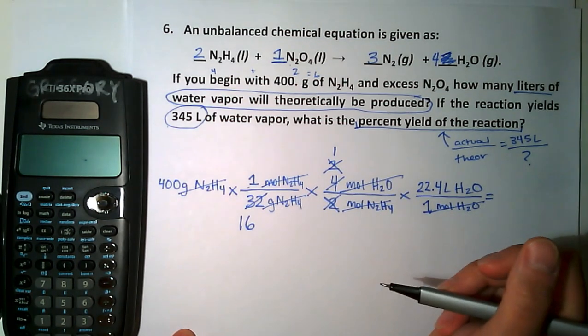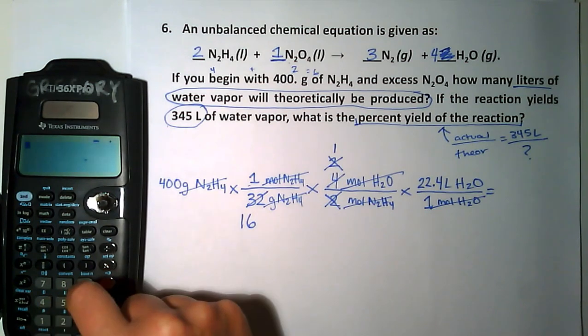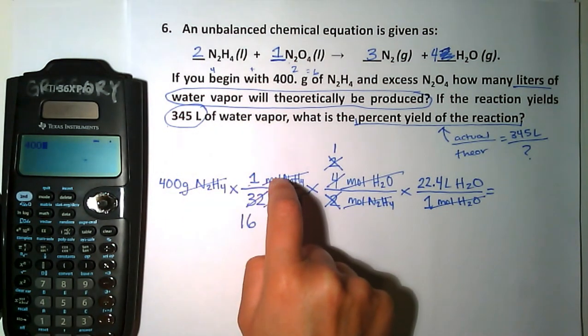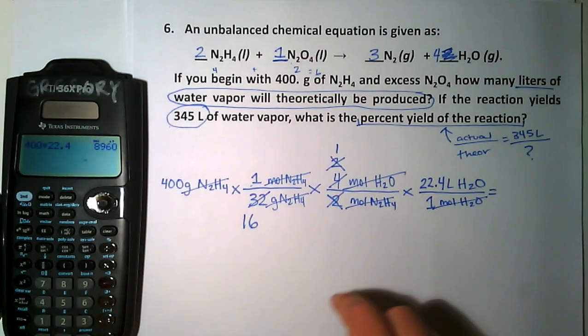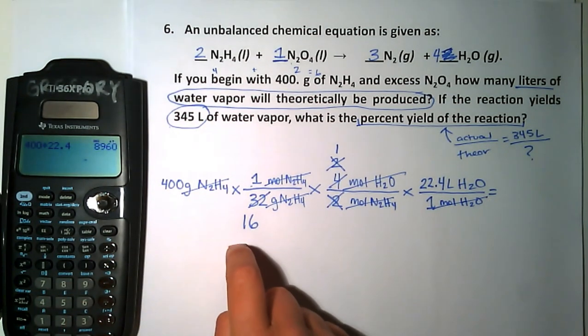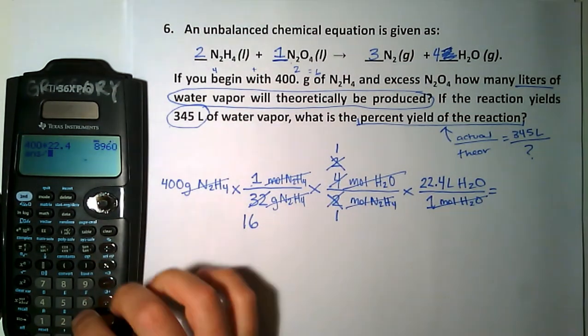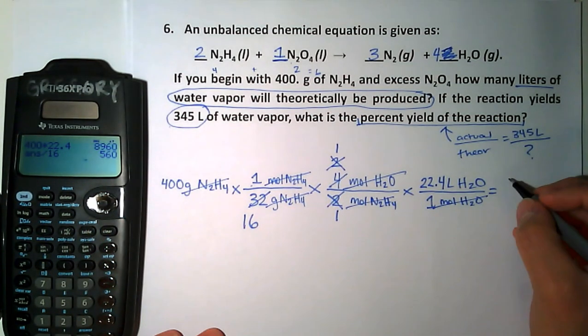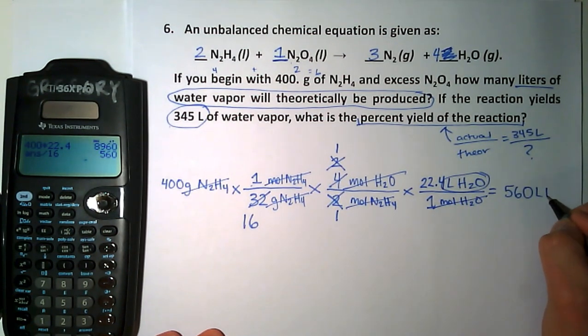So we can do some of those cancellations in our head, and now we just need to put the rest in our calculator. 400 times 1 times 1 times 22.4, and then divided by 16 times 1 times 1. So divided by 16, that gives us 560 liters of H2O.